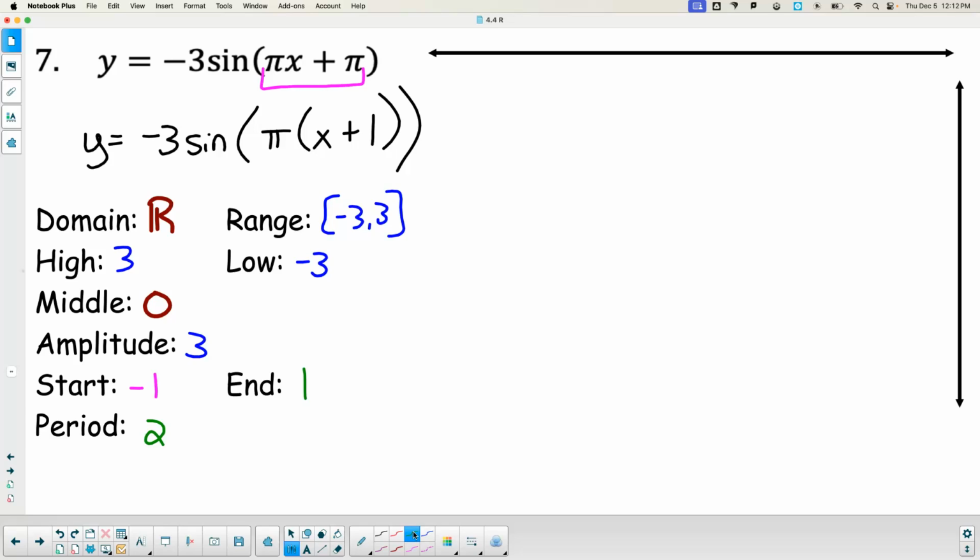Sine function normally starts middle, then up, middle, down, middle, right? Is this flipped or is it regular? Flipped. Okay. So we can draw ourselves a flipped sine wave.